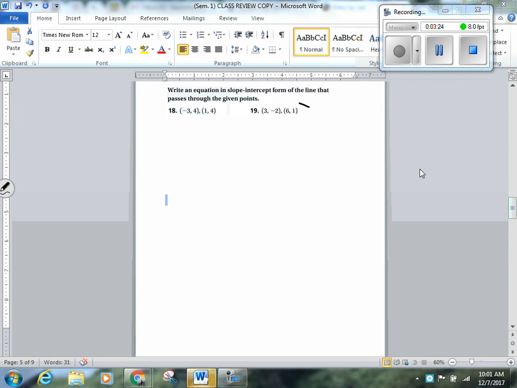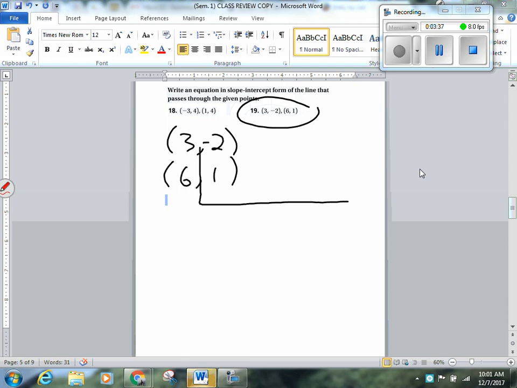The next question, number 19. Again, I want to take the points 3, -2, and put that over 6, 1. Again, I'm using the L to find my slope. I need to subtract both numbers. I bring down the -2. I bring over the 1.